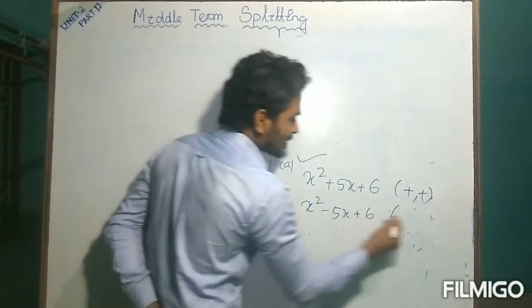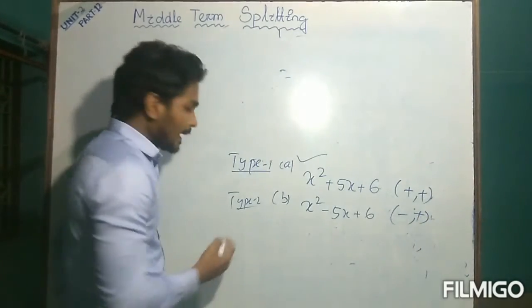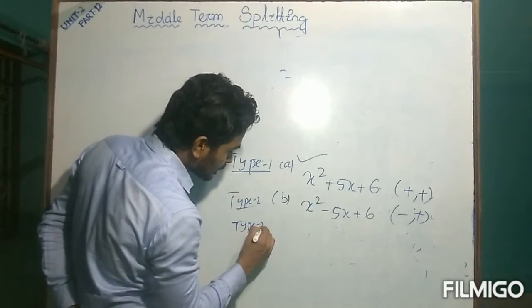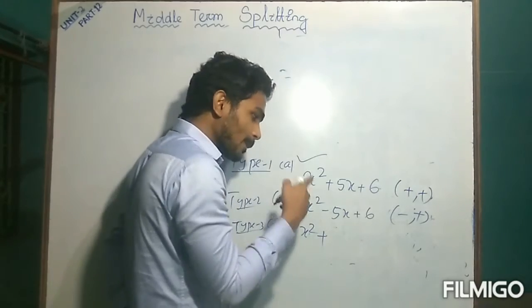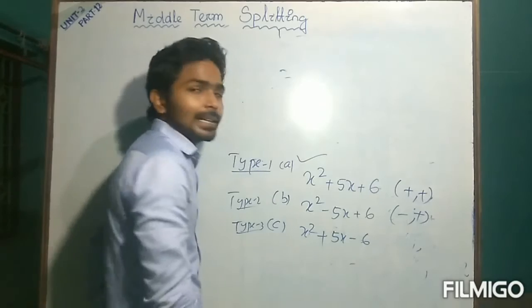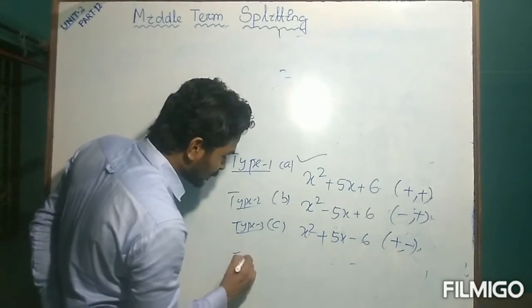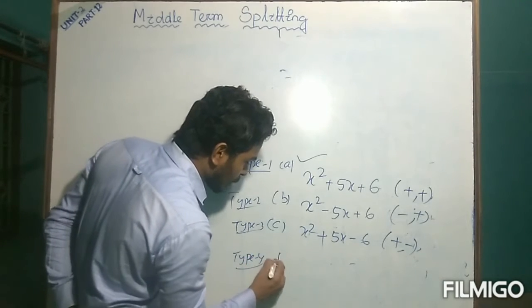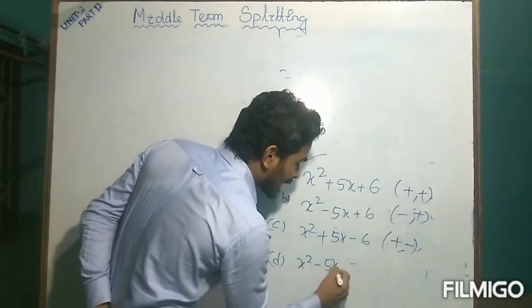And in the second type, the question is like this: minus 5x plus 6. That means the first sign is negative and the second sign is positive. And in type 3, the question may be like this: the first one is positive and the second one is negative. So plus, minus. Now coming to type 4, you can assume what must be type 4. In type 4, we have two negative signs.